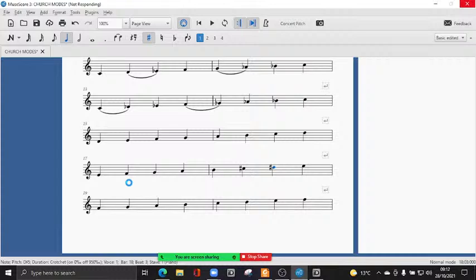We apply it ascending, descending, right? The same thing can happen with the Lydian.